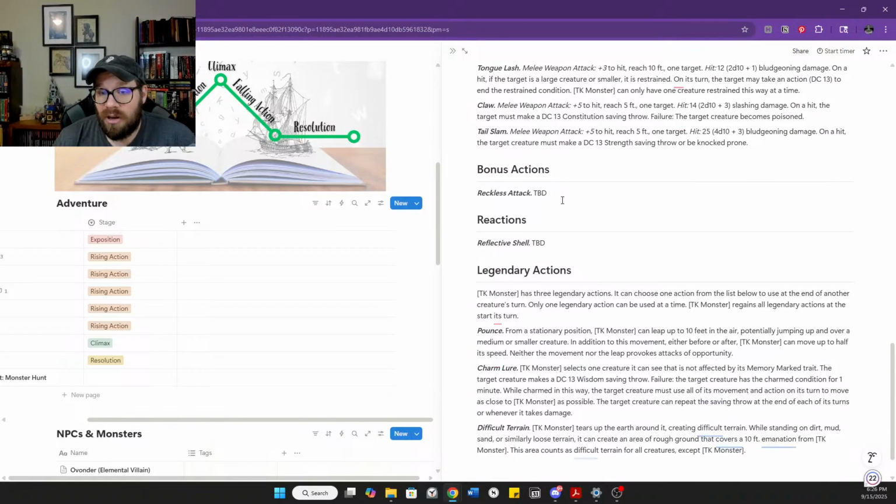And last time we talked about some bonus actions and some reactions to give this thing a little bit of defense. One of the ideas we kicked around from Ben was this creature having the ability to respond to a threat actively. And we talked about moving in the initiative order, but that can get complicated.